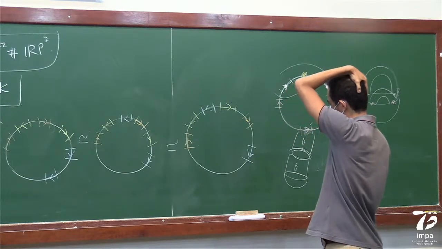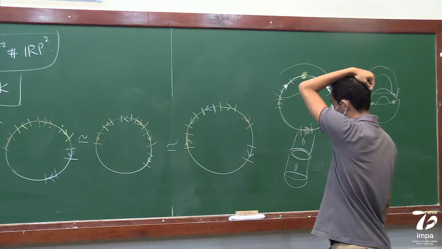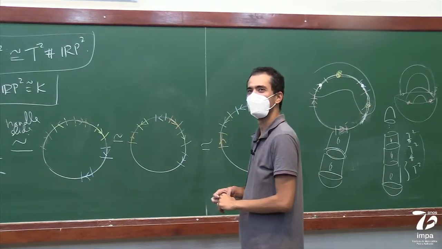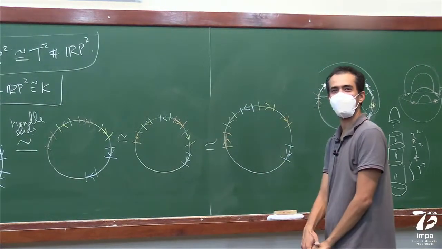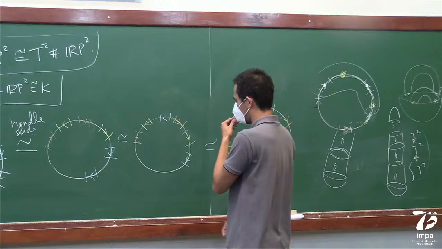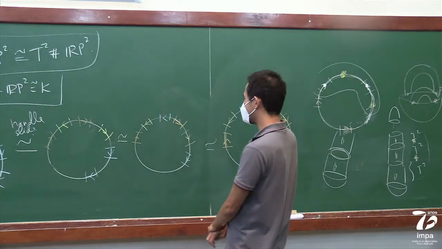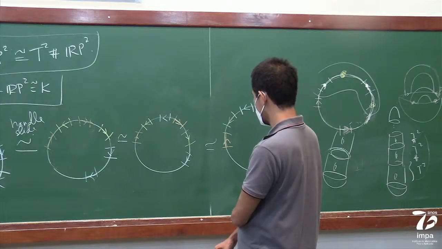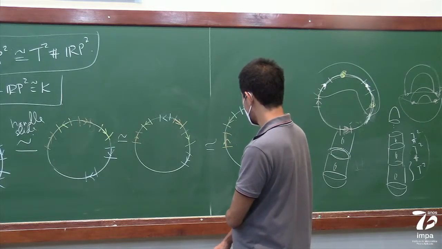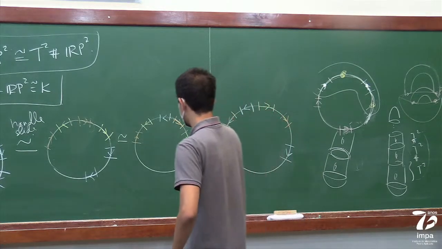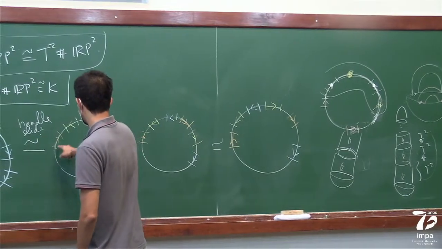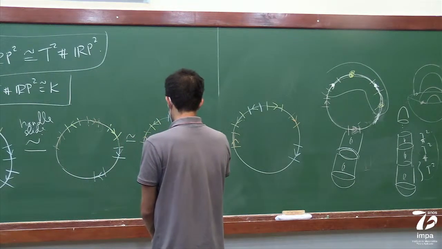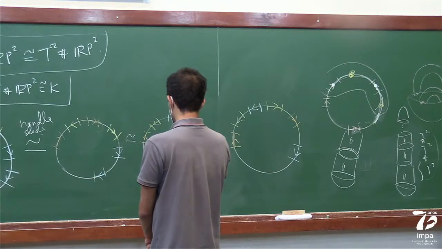Hold on. Why am I getting confused? Huh? This is an exercise. It's hard to do it when you're so close to the blackboard. Did I make a mistake? This blue guy. Hold on. So here I went from here to here. Yeah, that's right. And then green one.